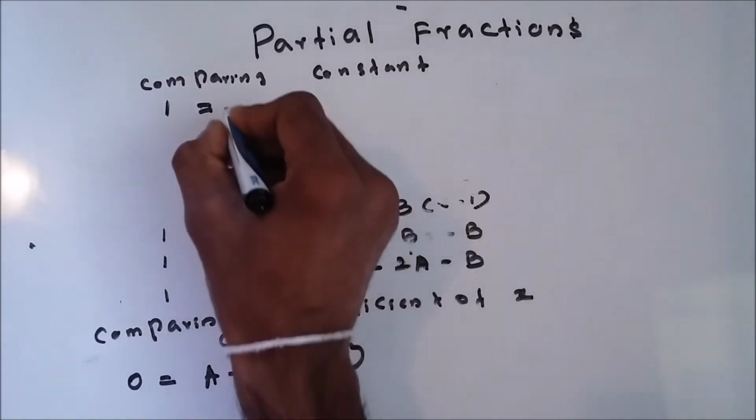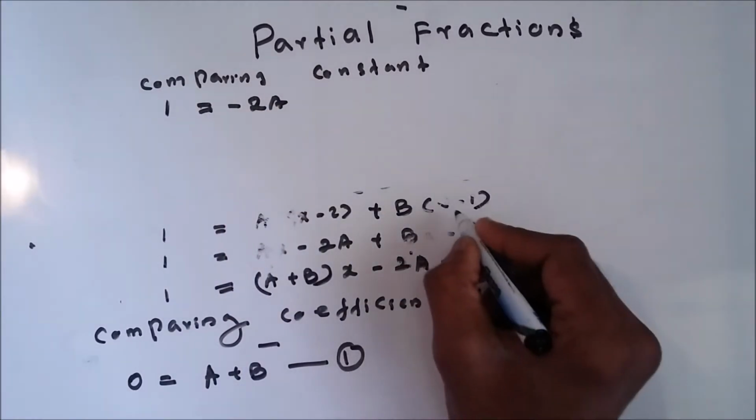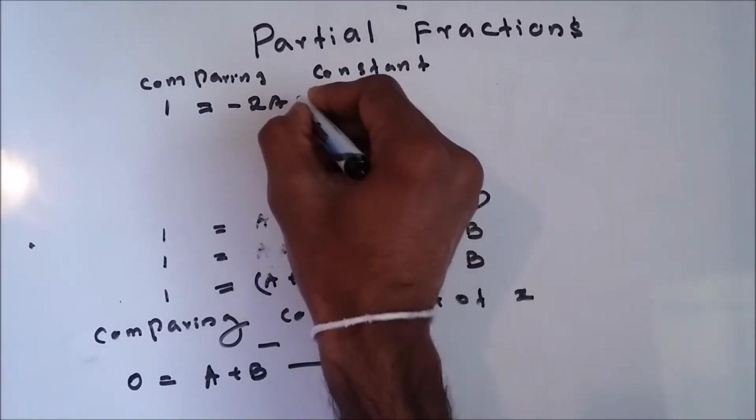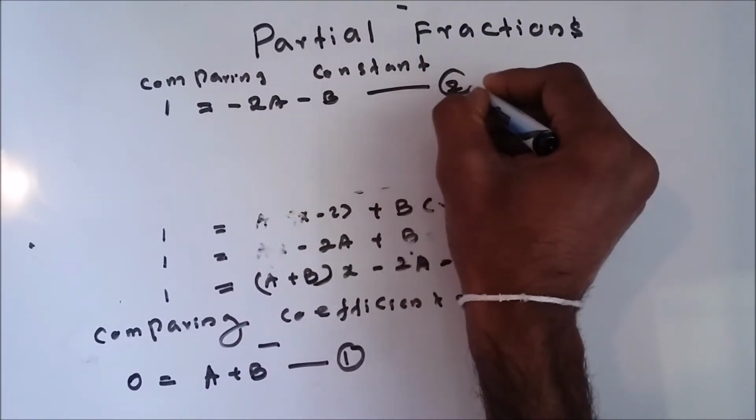This side minus 2A minus B. This is the second equation.